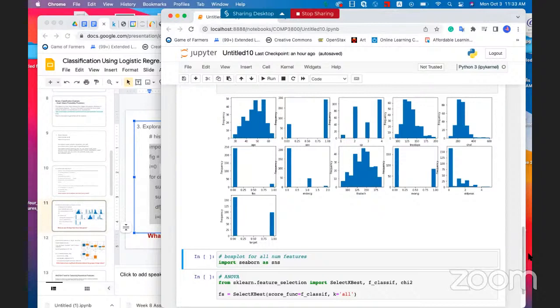Then you cannot predict this group. So that's a problem here. Very important for classification: you need to balance the data for the target variable. If this group of samples is very small, you cannot predict this group accurately. So that's another technique we have to deal with when you do classification.